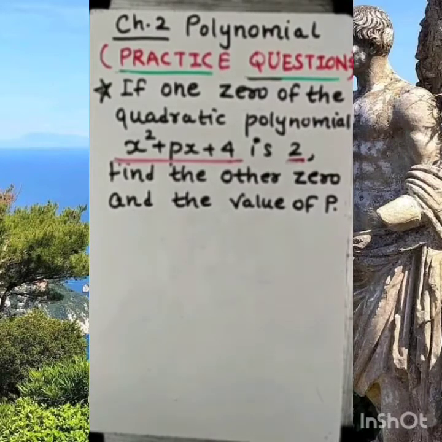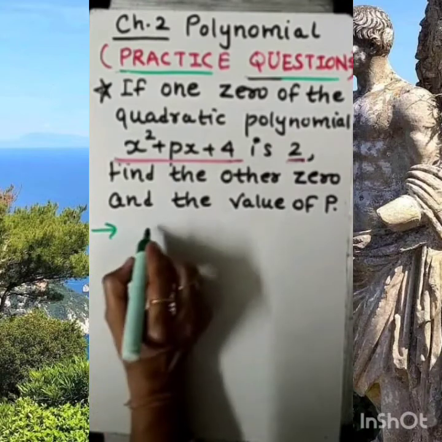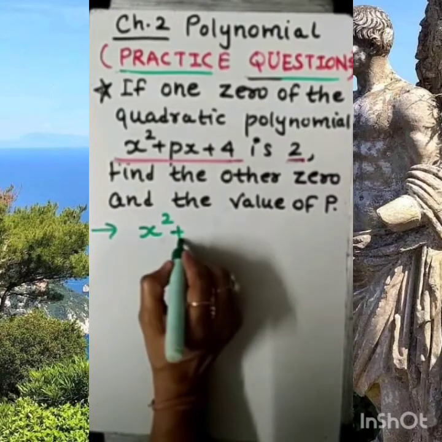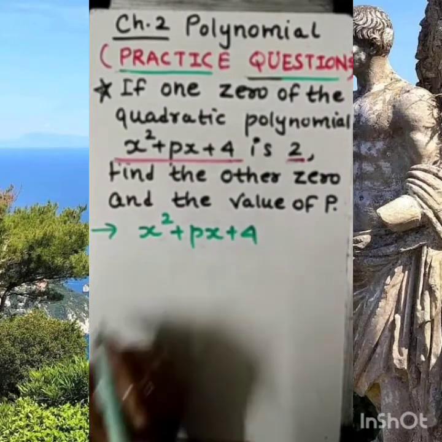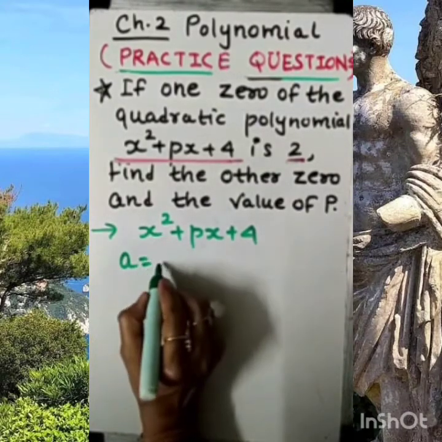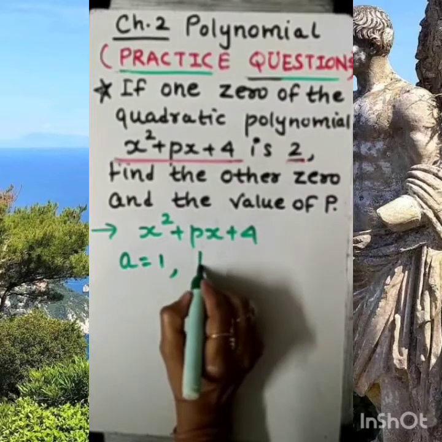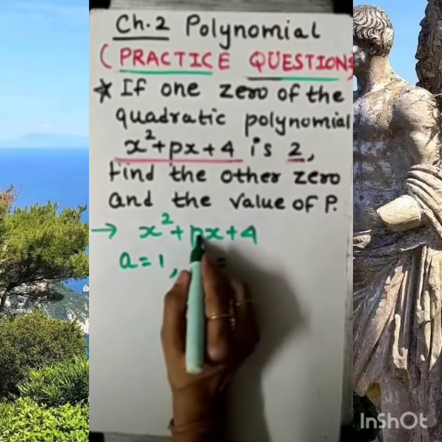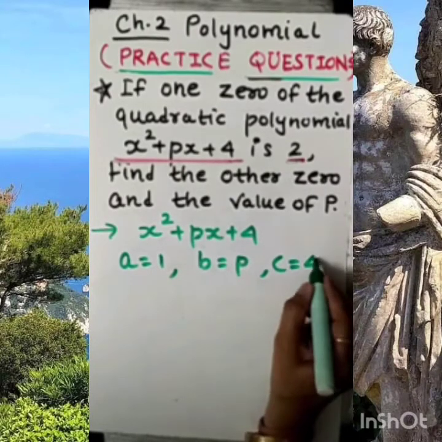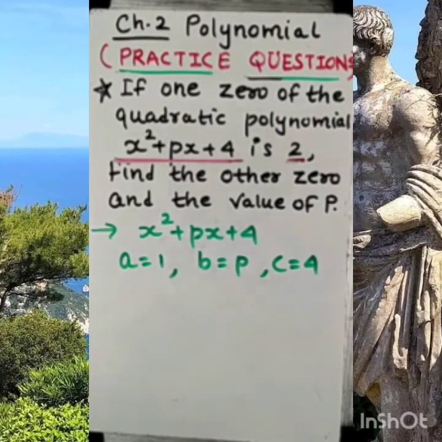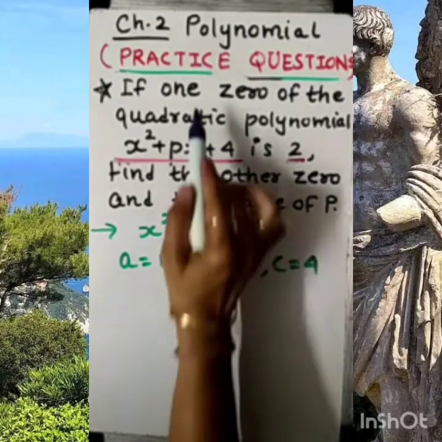Let's see. First of all, what is the polynomial? X square plus px plus 4. So my dear student, according to that, a is the coefficient of x square, that is 1, b is the coefficient of x, that is p here, and c is the constant term, that is 4. Right? Besides this, we are given one of the zeros.